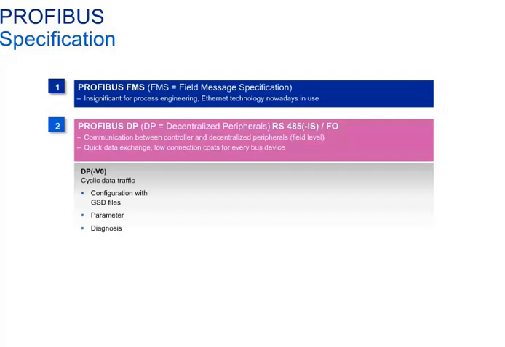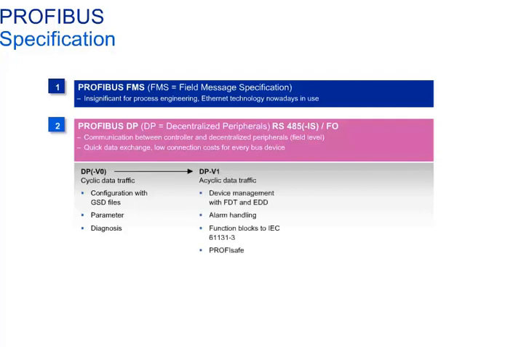DPV0, the first subgroup, has been developed for communication between the control system and the decentralized peripherals for the cyclic, that is permanent, transmission of measured values. This kind of data exchange is very fast and causes only low connection costs. The second subgroup, DPV1, is additionally capable of acyclic, that is, temporary transmission of parameter values and allows for central configuration of the field devices via EDD DTM.